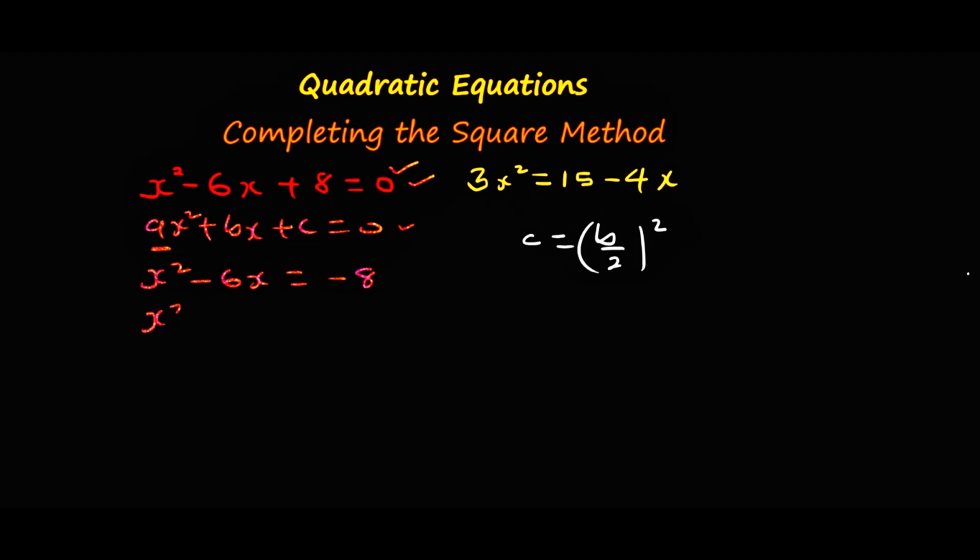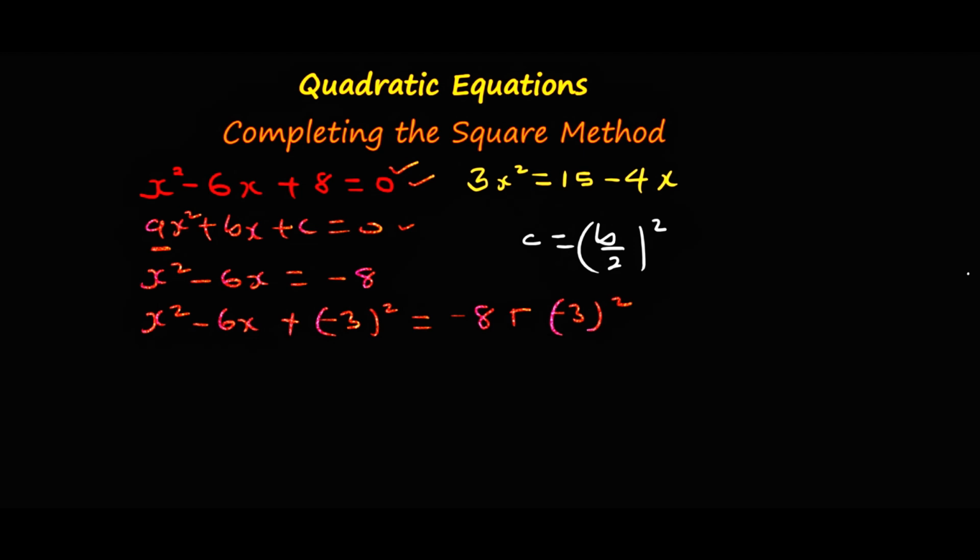So we're going to have x squared minus 6x plus half of b, which is minus 3. Then we square that, and then that's equal to minus 8. But because we've introduced a new term here, we have to do the same to the right hand side so that there is a balance. So we're going to add -3 squared to the right hand side too.